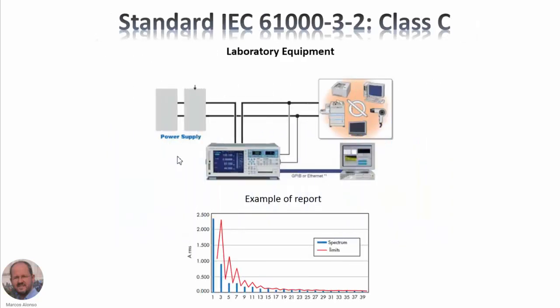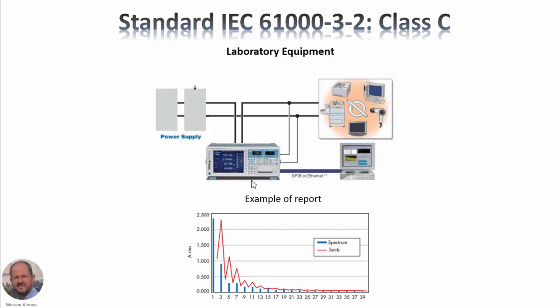Here we can see the typical laboratory equipment that we can use to do this kind of measurement. We have the power supply here to emulate the grid, and then we use a power analyzer to measure the current absorbed by the converter, and also to measure the voltage, so the power analyzer can do all the measurements.